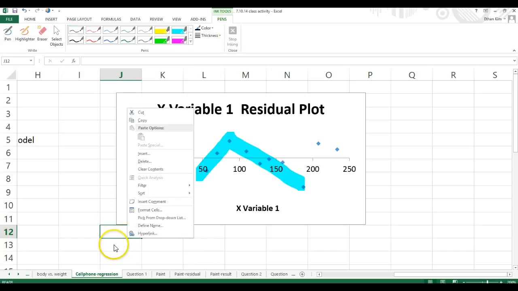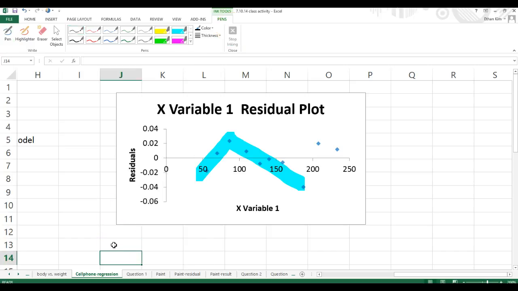So from this data, we can say that, so say this is a conclusion.